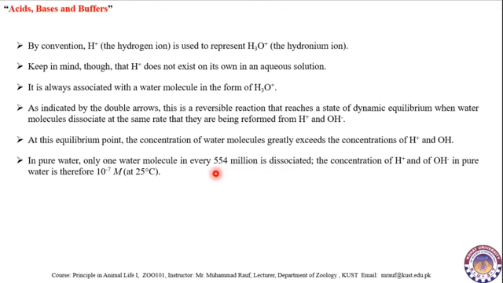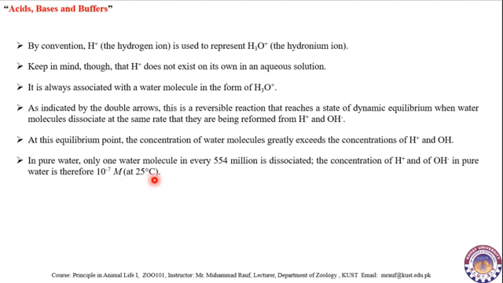The concentration of hydrogen and hydroxyl ions in pure water is therefore 10 raised to the power minus 7 moles. So in pure water, the concentration of hydrogen and hydroxyl ions is equal. Therefore, pure water has a neutral pH at 25 degrees centigrade.